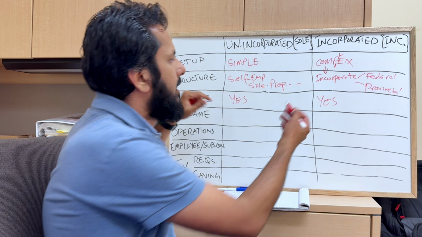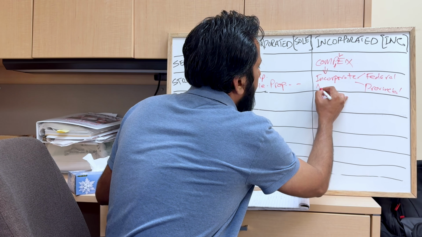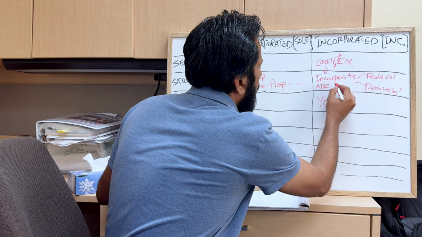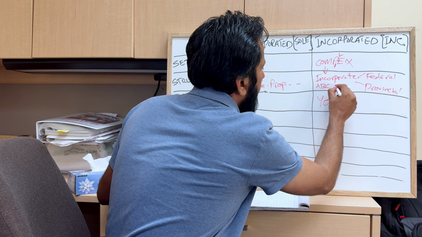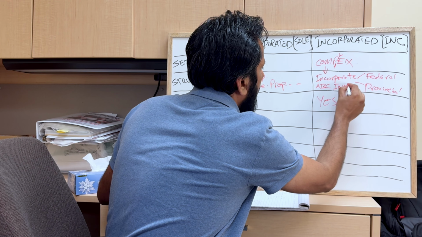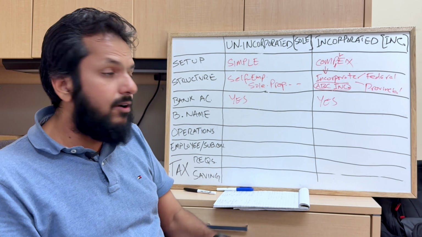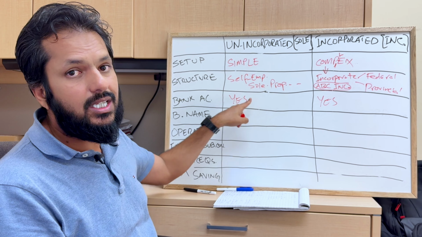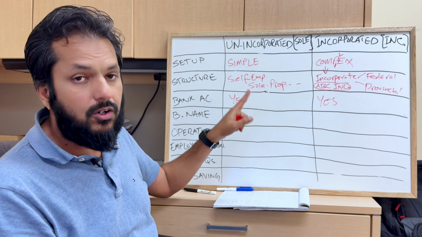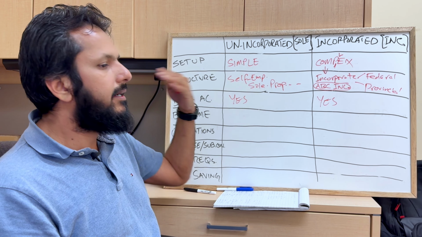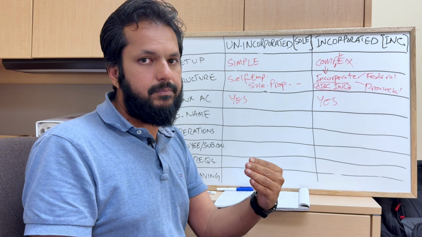Let's say I incorporated and the name of the corporation is ABC Inc. So this is the name we're going to use. The bank account, as an unincorporated professional contractor, is going to be opened under your name.